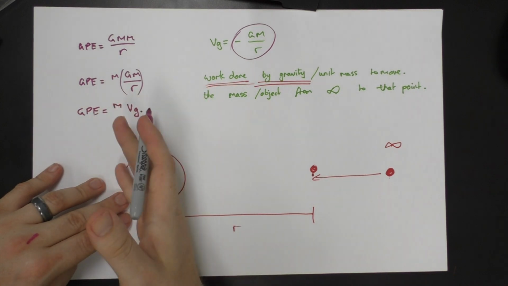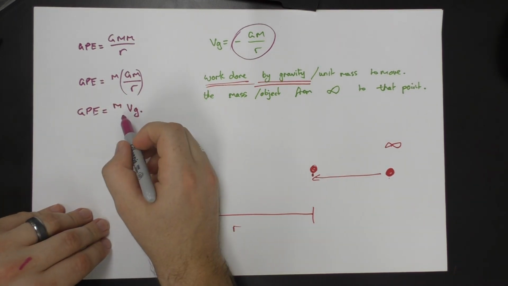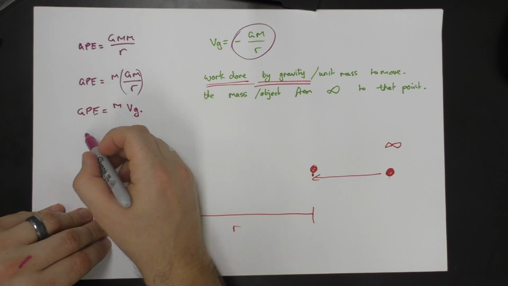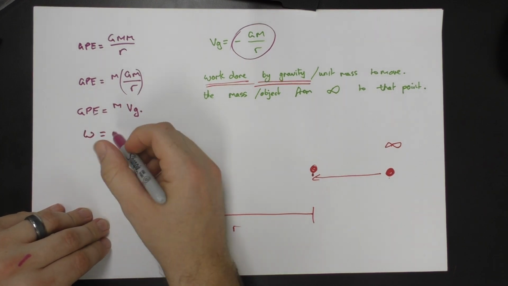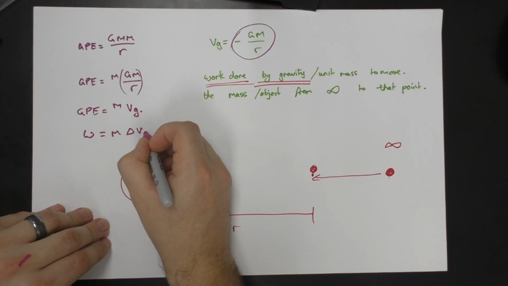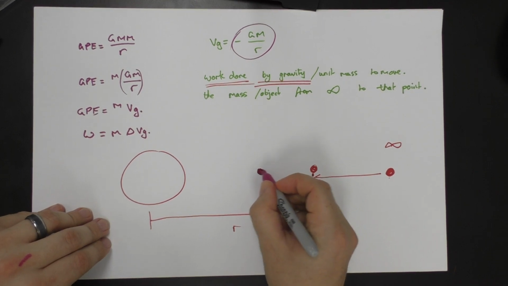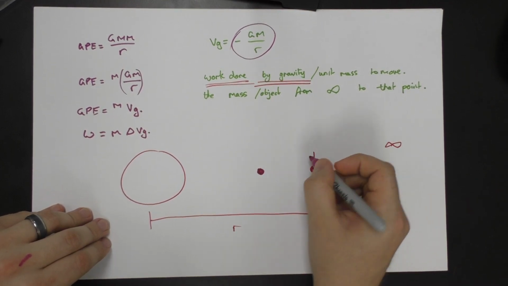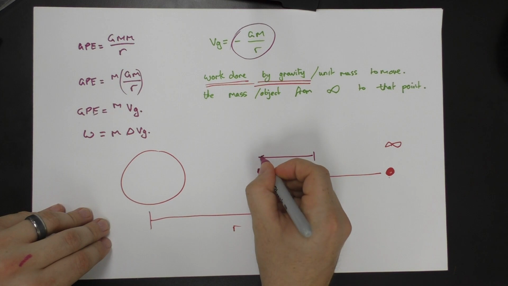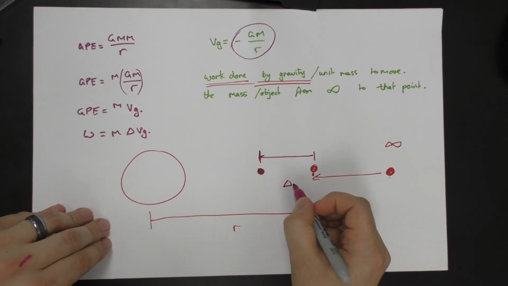Well, that fairly makes sense because that's what I've already defined. But in your equation sheet, you'll notice that this is rewritten as work done is equal to mass times delta Vg. Because think about it. If I move from there to there, I'll have a change in potential.